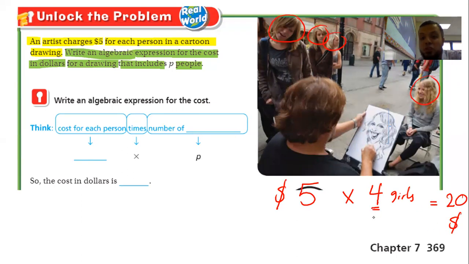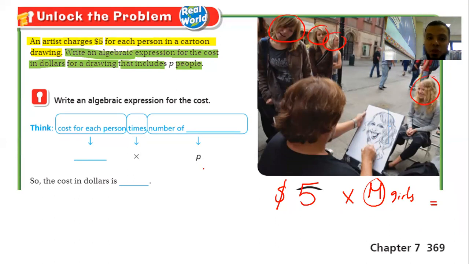But if I don't know the number of girls that the artist will draw cartoon drawings of, how many girls? I don't know. If I make M or X or Y, any letter, represent the number of girls, then I'm going to know how much he will get for all.